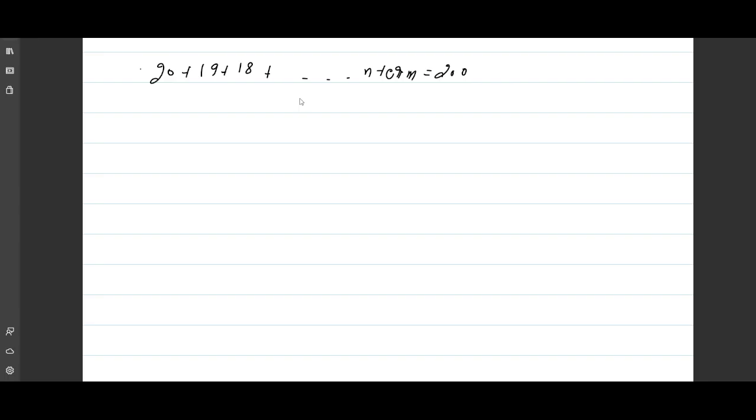So this is equal to n by 2 into 2a, 40, plus n minus 1 into d. d is equal to 19 minus 20, so this is equal to 200. So this is equal to n by 2 into 41 minus n, equal to 200.